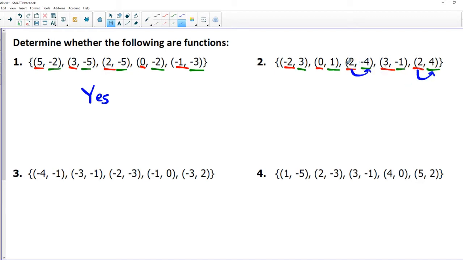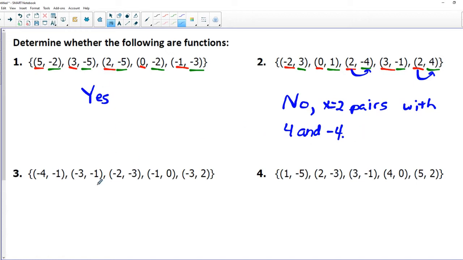So that's saying that the x value of 2 pairs with two different y values, okay? So no, and whenever you have no, I'd like to have a reason to go with it. So no, x equals 2 pairs with two different y values, or you could say it pairs with more than one y value, okay?